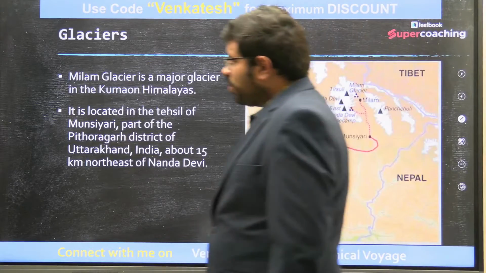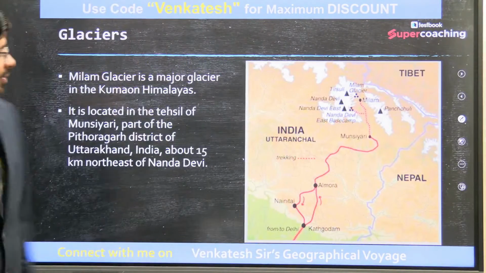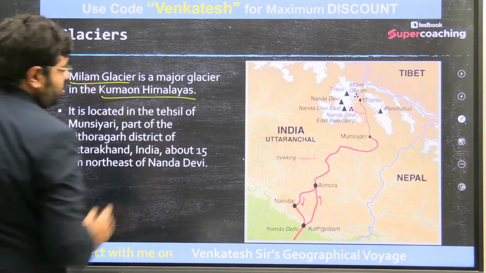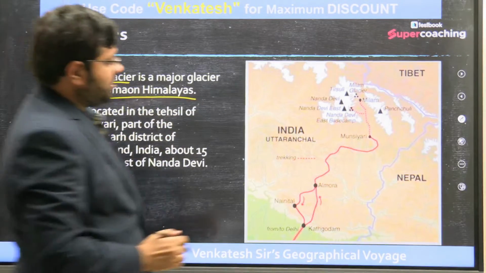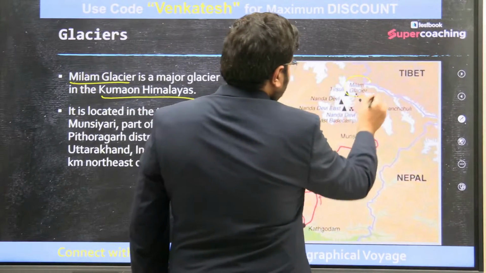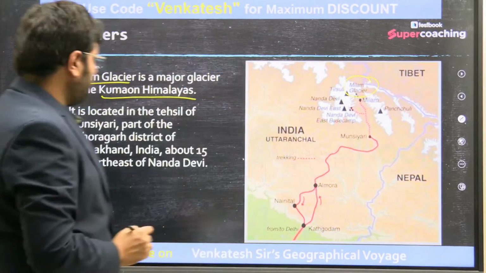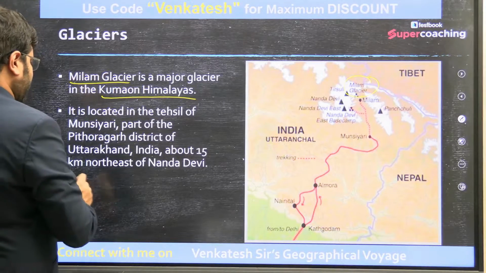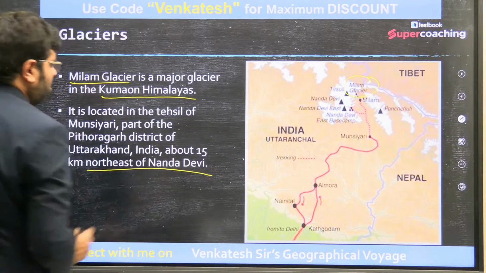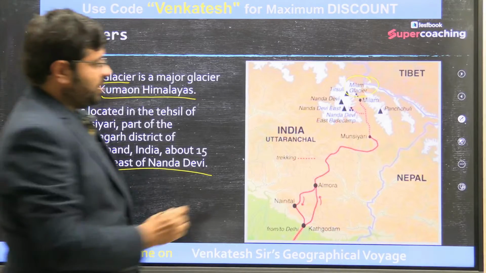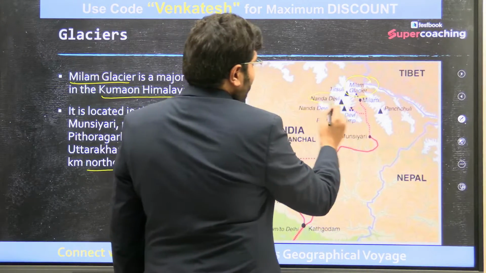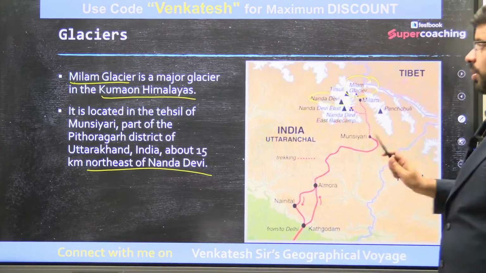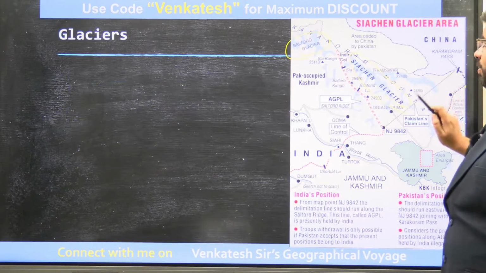Then as you go into the south, you have the Milam glacier, a major glacier in the Kumaun mountains. You can see this Milam glacier in the Uttarakhand region. So this is the Kumaun mountains, very, very near to Nanda Devi National Park. You can see here Nanda Devi. Very near to this, you find the Milam glacier. Right. This is another important glacier.